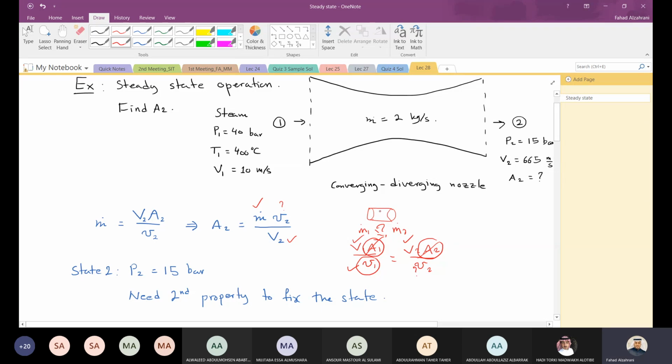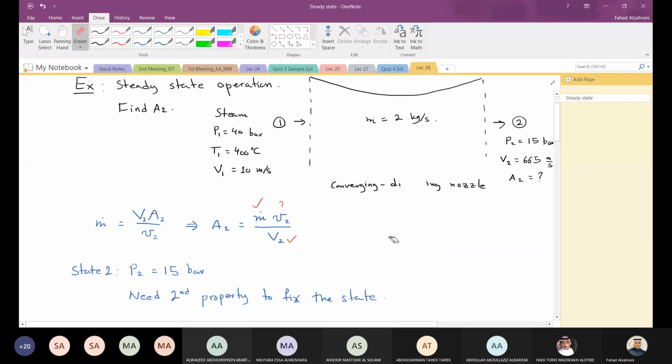What can you think of other than the mass flow rate equation? Is there any equation other than the mass flow rate? Guys?